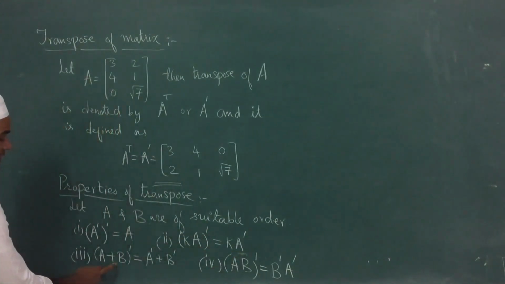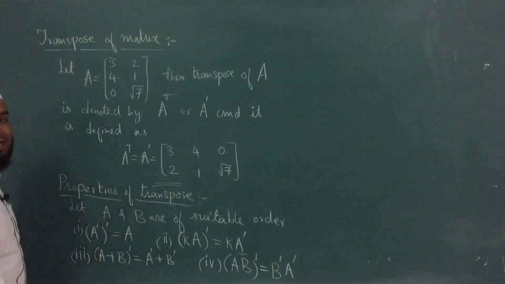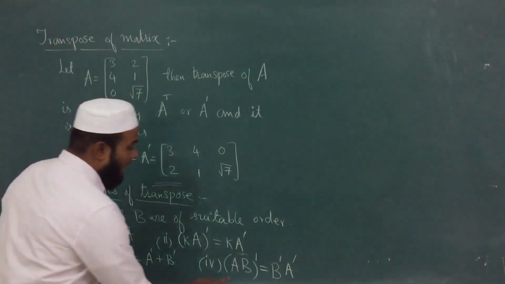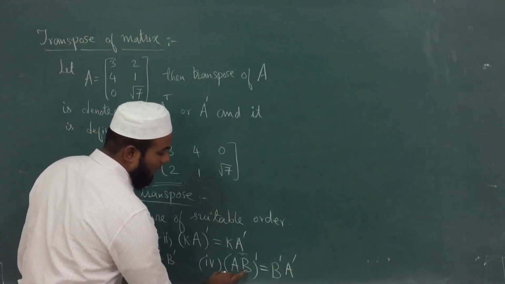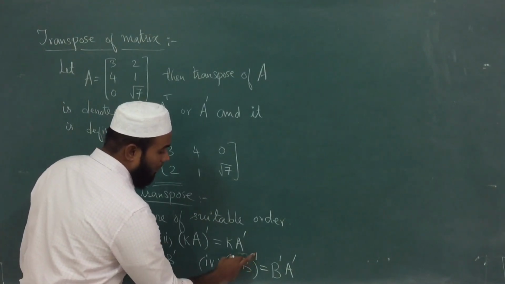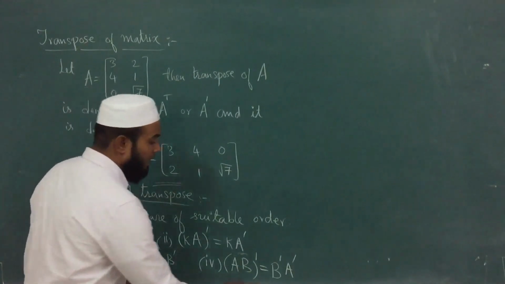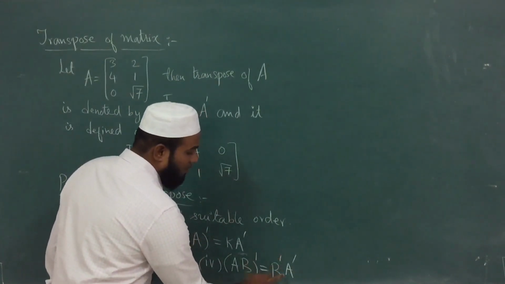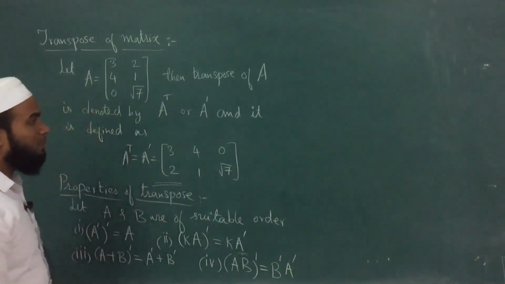For the addition of two matrices, A plus B, the transpose is found by taking the transpose of the individual matrices and adding them. And AB is the multiplication of two matrices; the transpose of the multiplication of two matrices is B transpose multiplied with A transpose. So these are the properties.